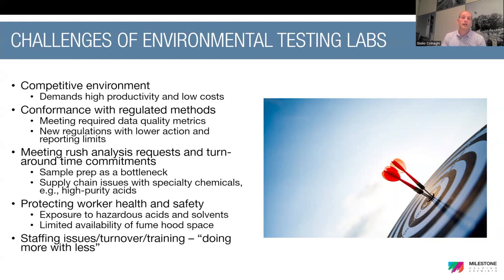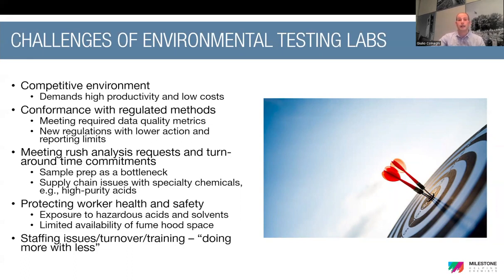process. But there are also other bottlenecks, such as supply chain issues, for example, for reagents or other consumables. Also, the laboratory has to take into consideration the safety of its employees, considering that they are exposed to hazardous acids and solvents, and they have limited access or limited space under the fume hood.